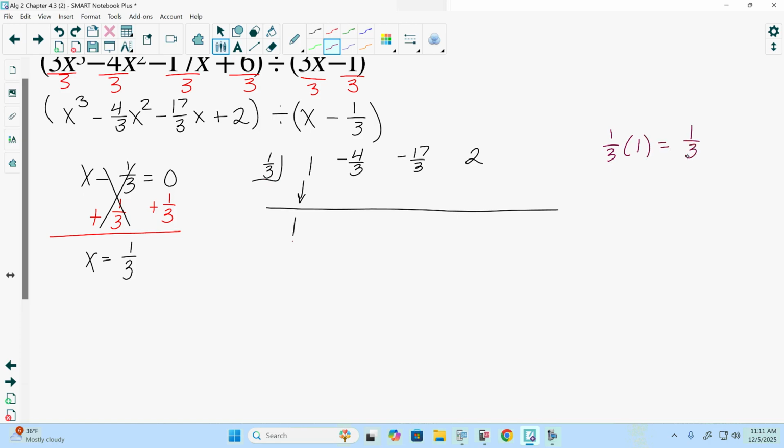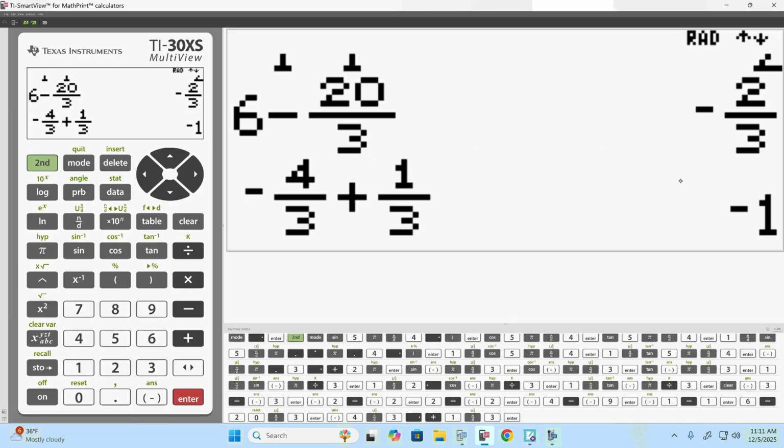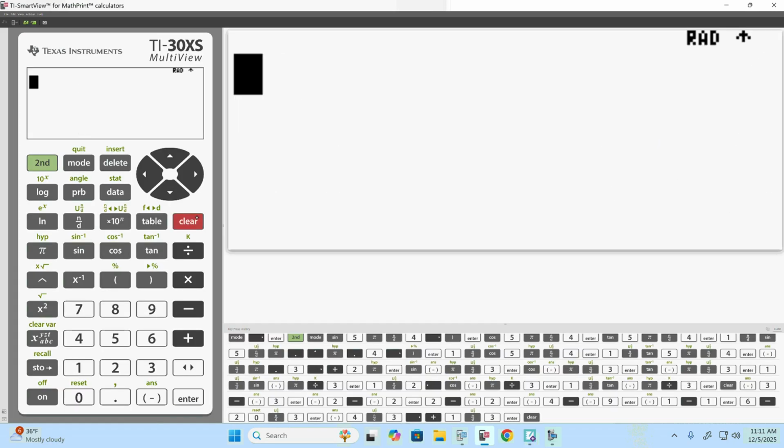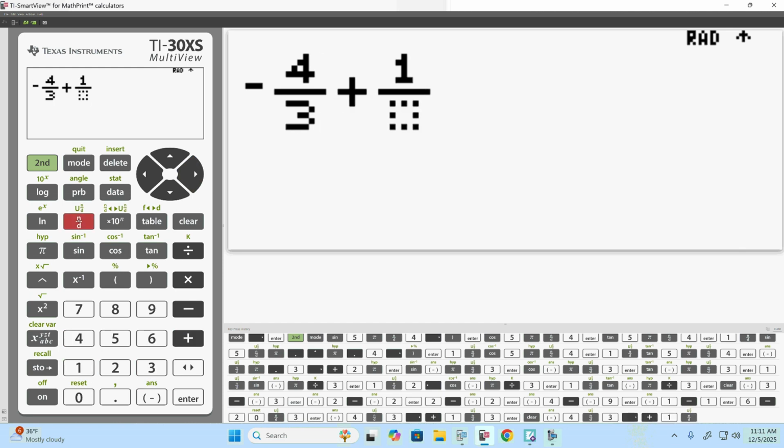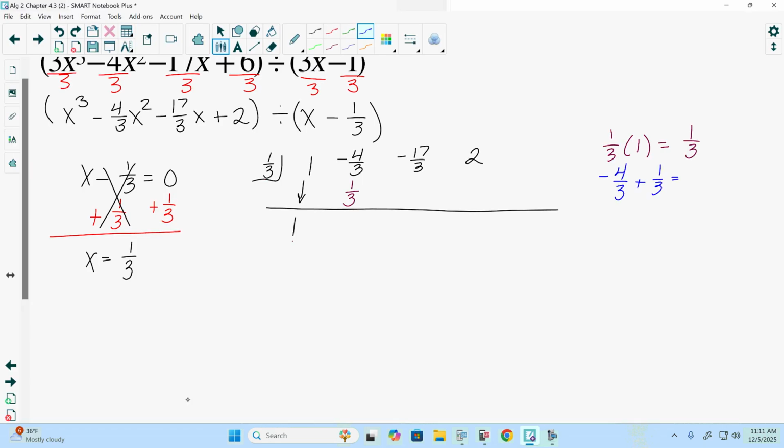And well, 1/3 times 1 is 1/3. We put it above the line under our next number, and then we're going to add negative 4/3 plus 1/3. And we do negative 4/3 plus 1/3 is negative 1.